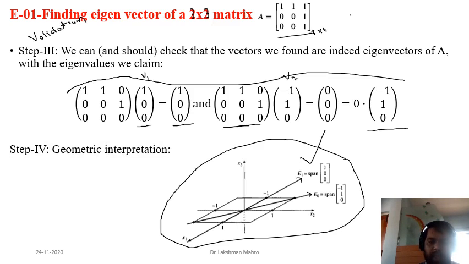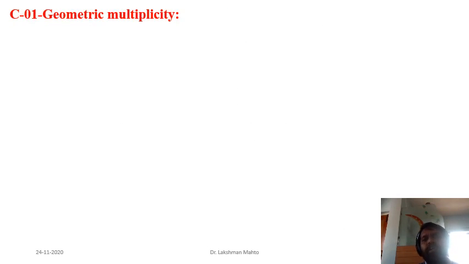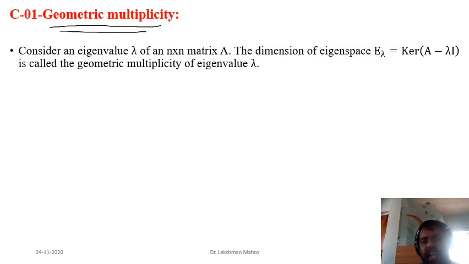So I have already expressed the geometrical interpretation of the corresponding eigenspaces. Now coming to one more important concept, the multiplicity of an eigenvalue, which we call geometric multiplicity. It is directly associated with the eigenspace, its dimension. Till now we have seen how to find the eigenspace for a given eigenvalue.